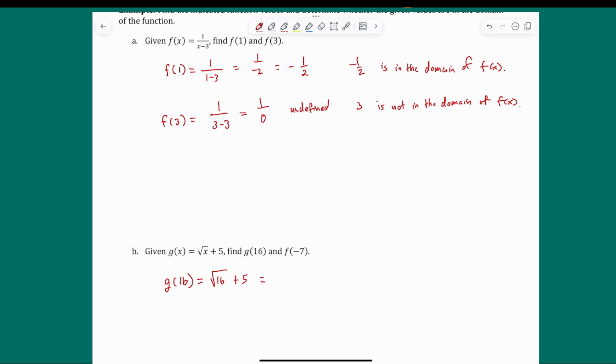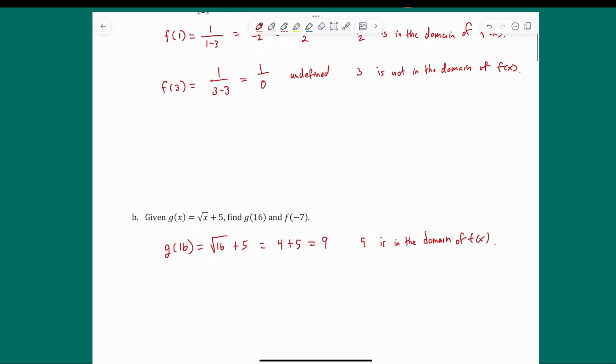Well, the square root of 16 is 4, so 4 plus 5 equals 9. And so 9 is in the domain, since it's well defined.